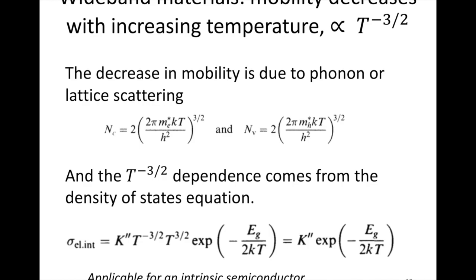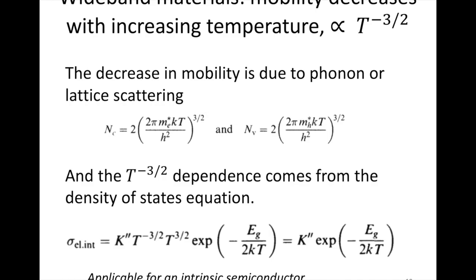With this, we see that our mobility decreases with increasing temperature, and this is proportional to T to the minus 3 halves. Right? So mobility decreases with increasing temperature for these types of wide band material. And why this decrease in mobility occurs is from what we call phonon or lattice scattering.